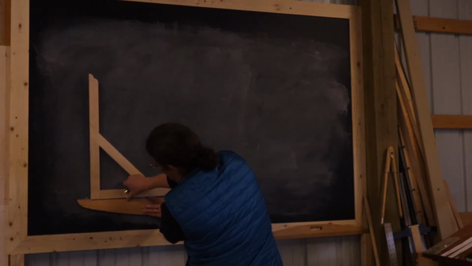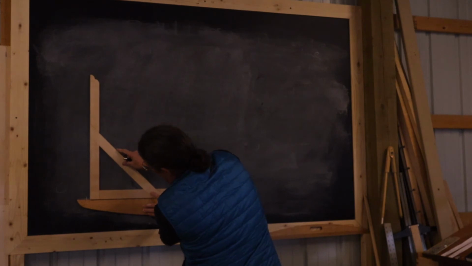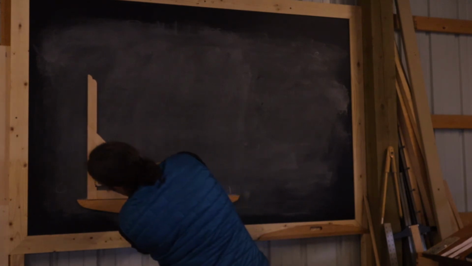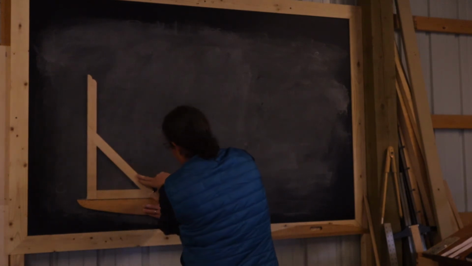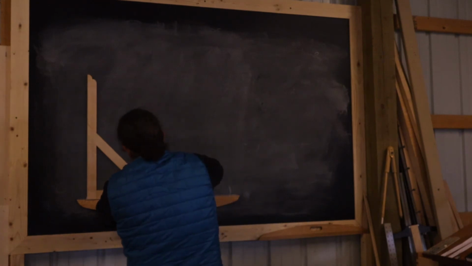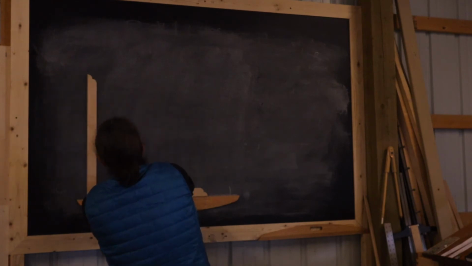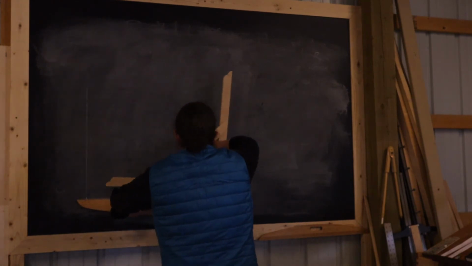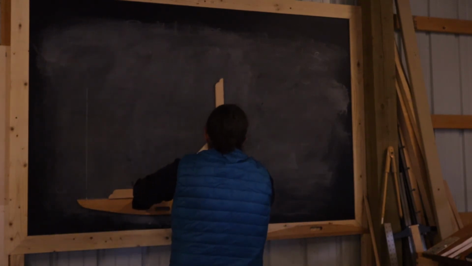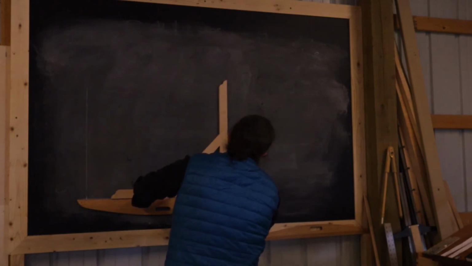I'll put one limb of my layout square on my straight edge and align the other limb with the left endpoint of my 5 steps and just draw a vertical up as far as I can. Then I'm going to rotate the square and do the same thing at that other endpoint.